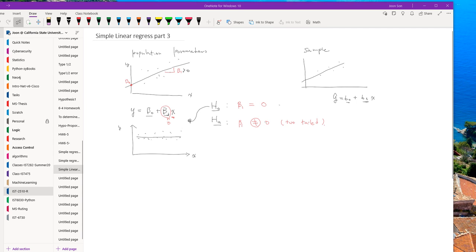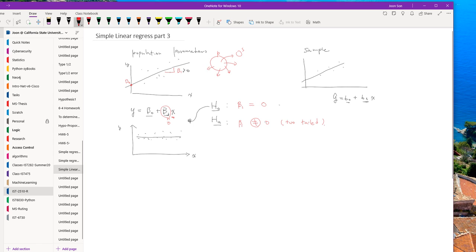If you recall what we learned in the previous lecture, we have a population, and then we get a sample, and then another sample, and another sample.